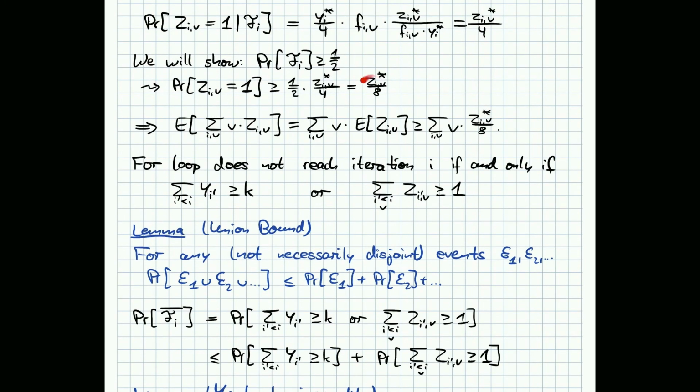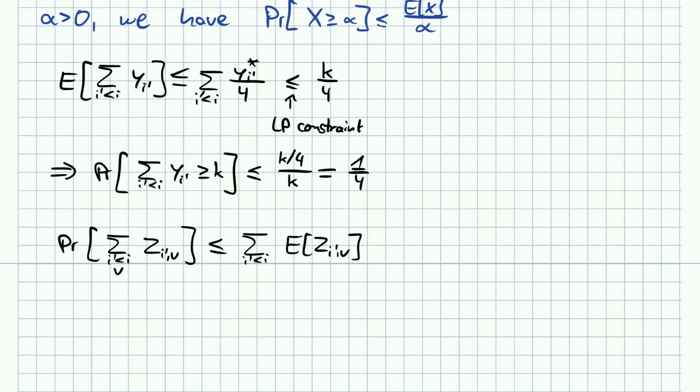Okay, maybe this is even too strong as a bound. We can definitely use this bound here as an upper bound, so certainly the probability will be no more than z_i star over 4. So we will have here that this is z_i star, and because we have over 4, and because we have a feasible LP solution, this will be at most 1 over 4.